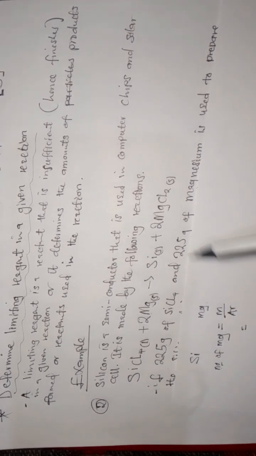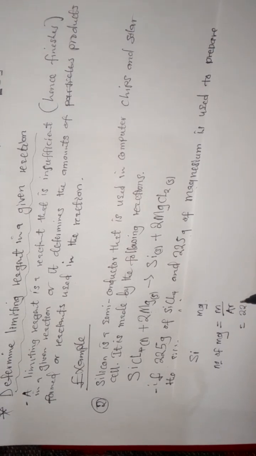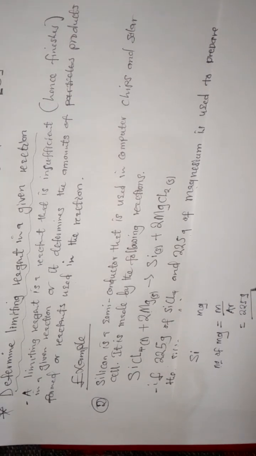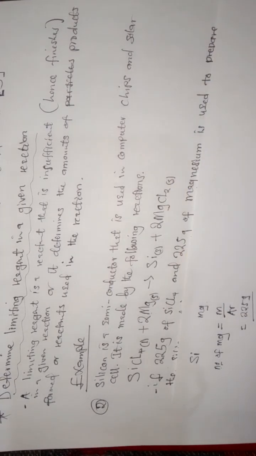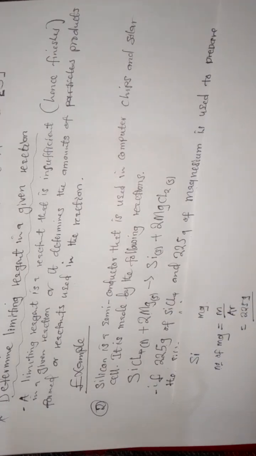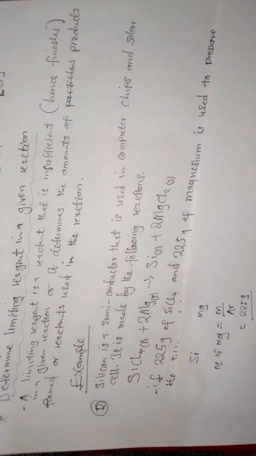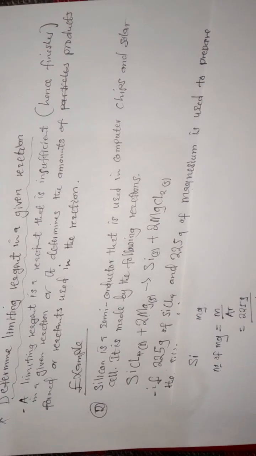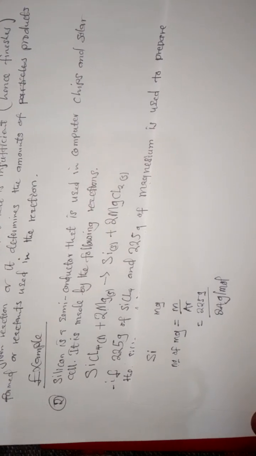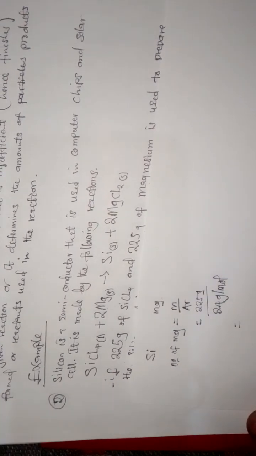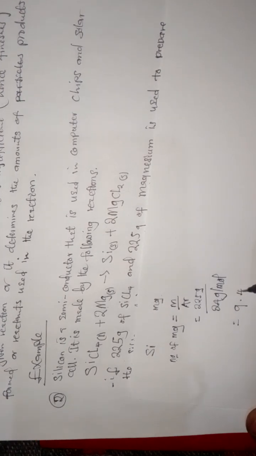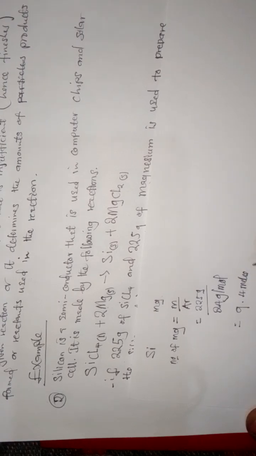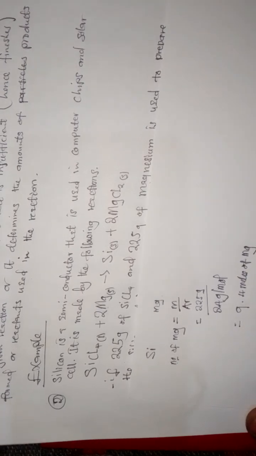So we say 225 grams over the Ar of magnesium, which is 24 grams per mole. That equals 225 divided by 24, which is 9.4 moles of magnesium.